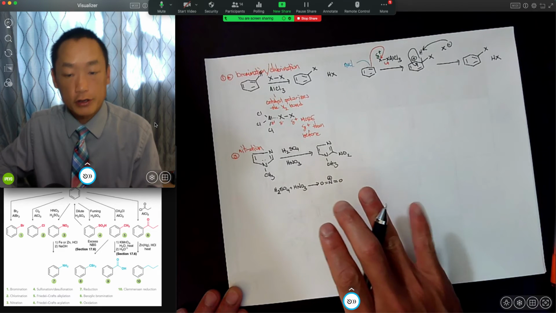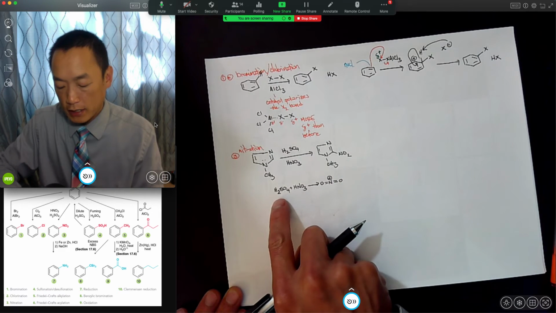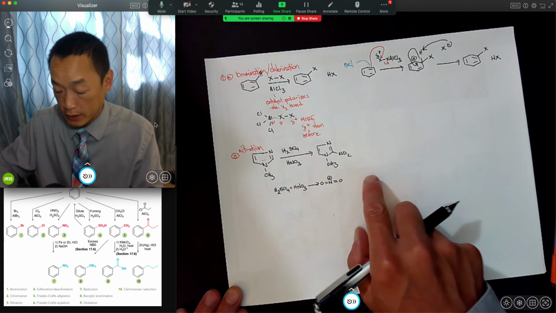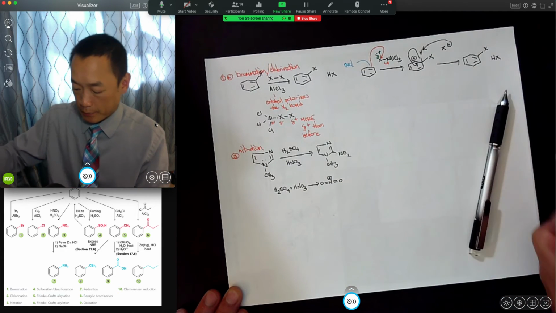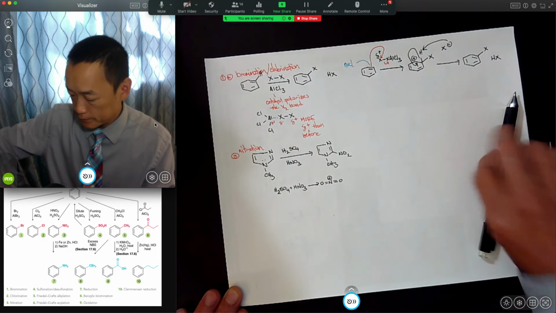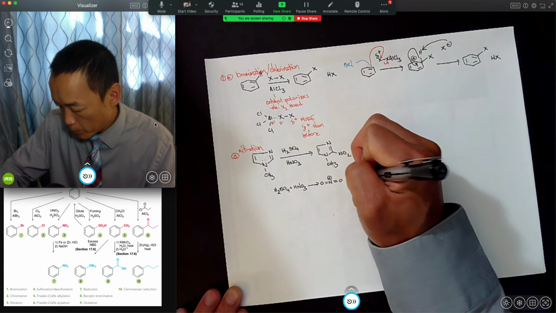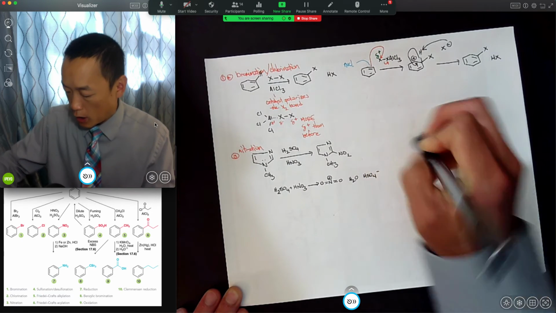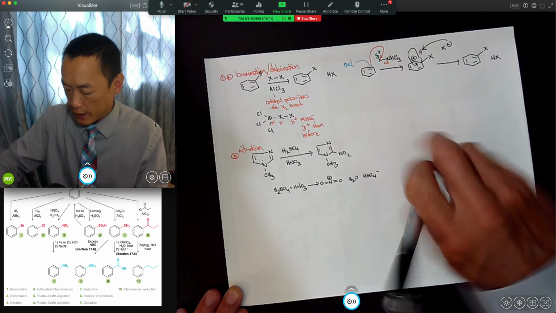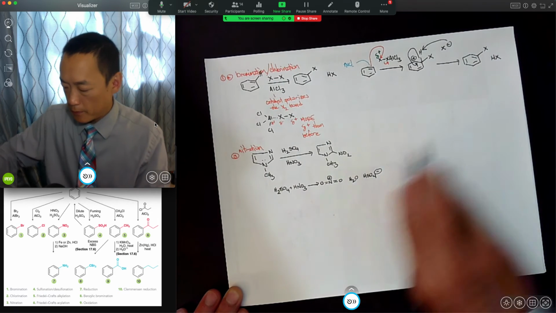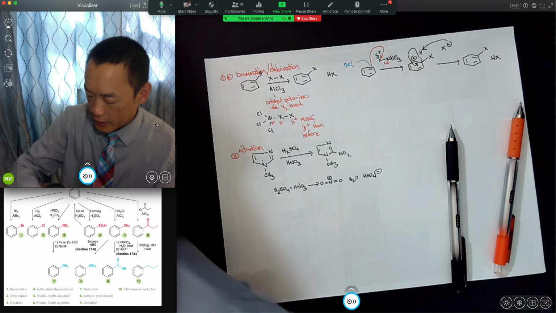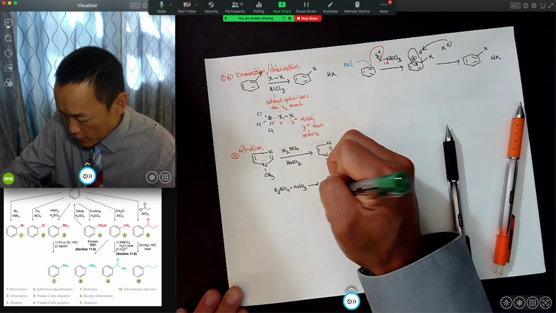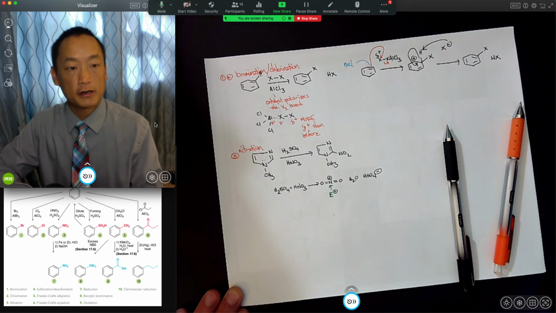I don't want you to get too distracted by you make HSO4 minus and water as a side product, but this stuff right here is our electrophile. It is positively charged, that nitrogen, and so we would call that our electrophile.